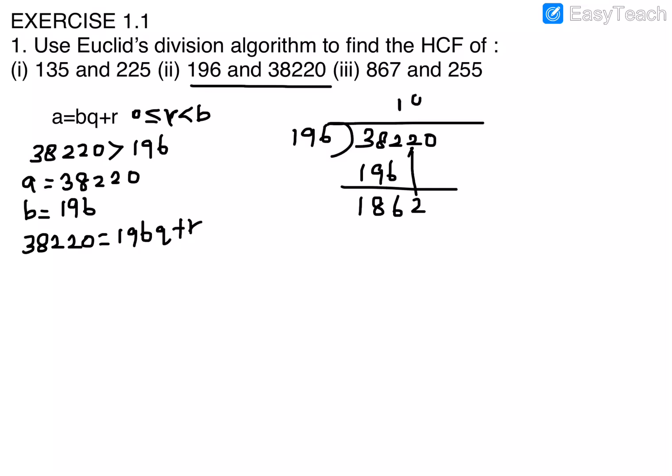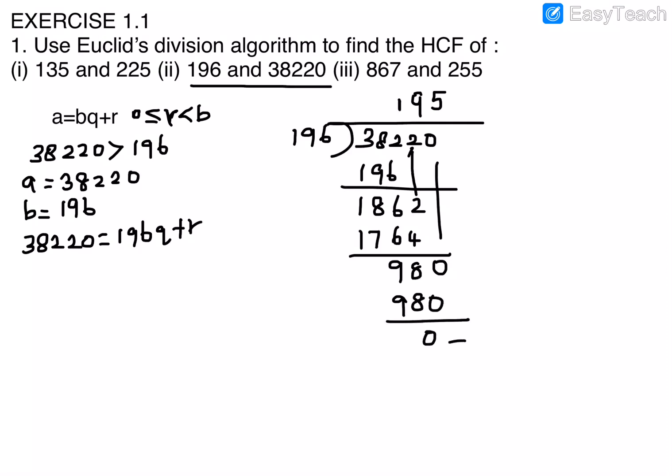Then 196 nines are 1764. The remainder is 98, and I bring the 0 down, and 196 fives are 980. The remainder is 0. It seems to be the bigger number, but the calculation ended in the first step itself.